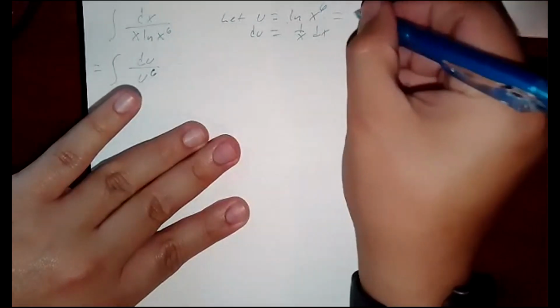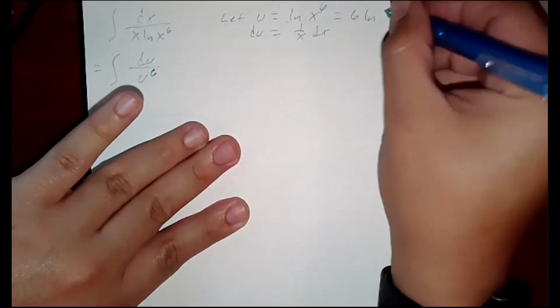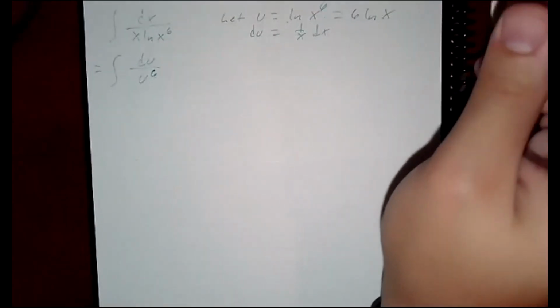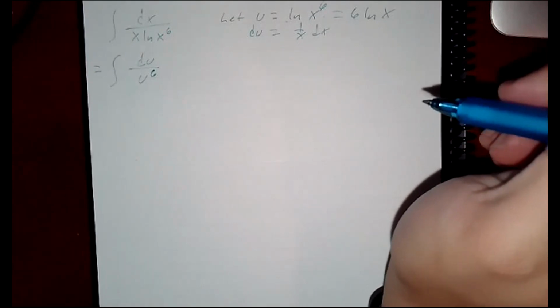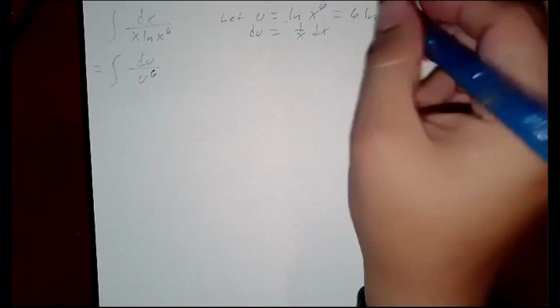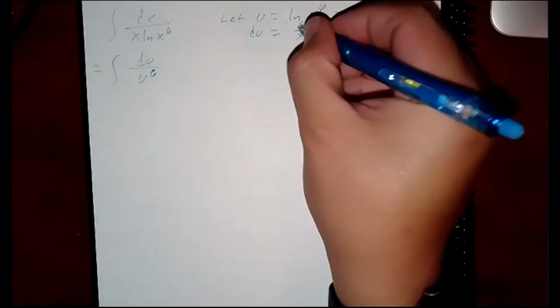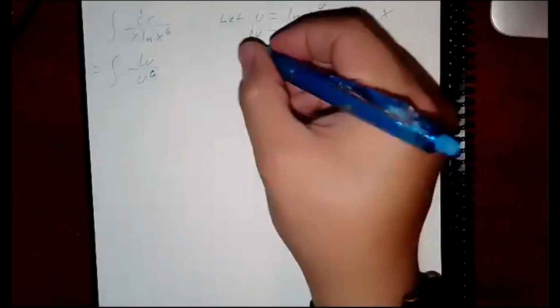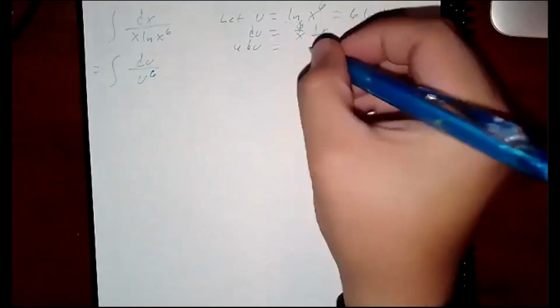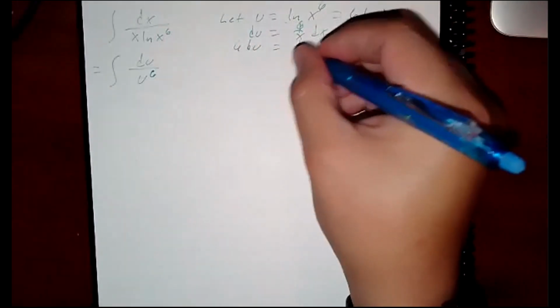Because if the power's there, then I can bring it down. So then I would have, yeah, that makes sense. So then that would be 6 over x. There is no 6, so we would have 6 du equal to 1 over x dx.